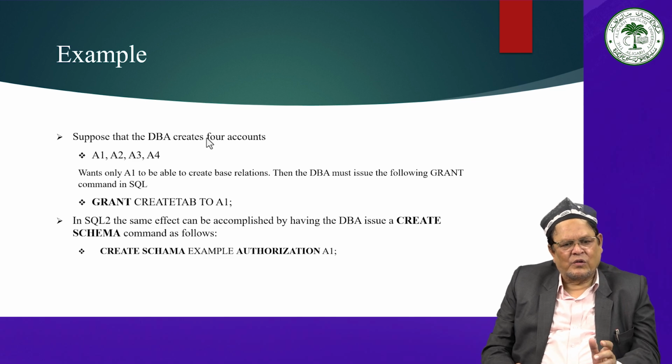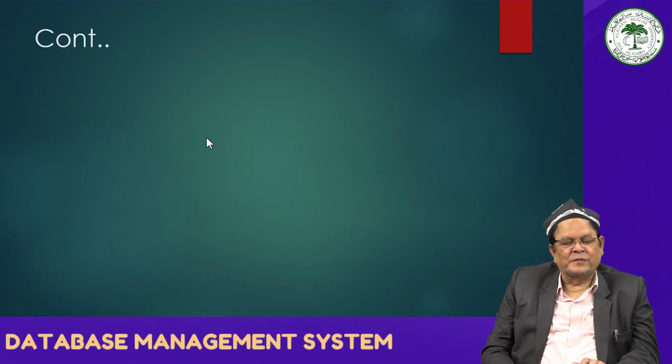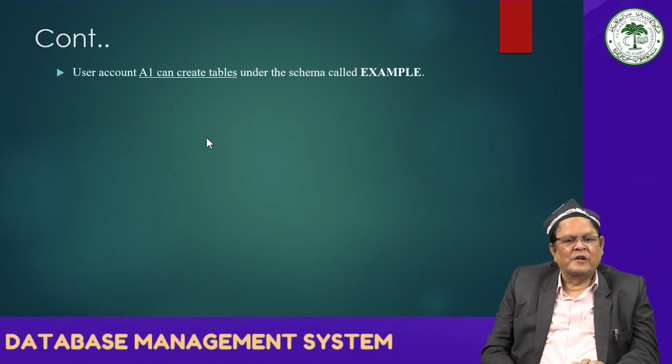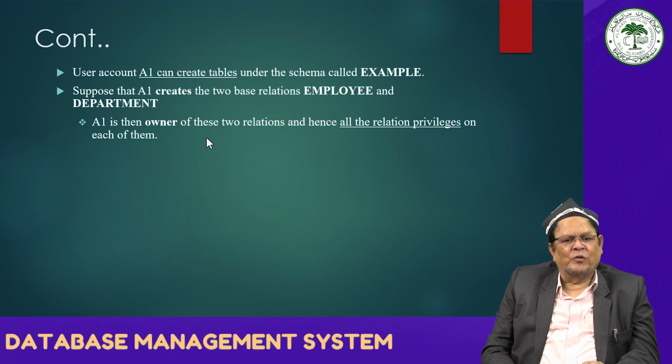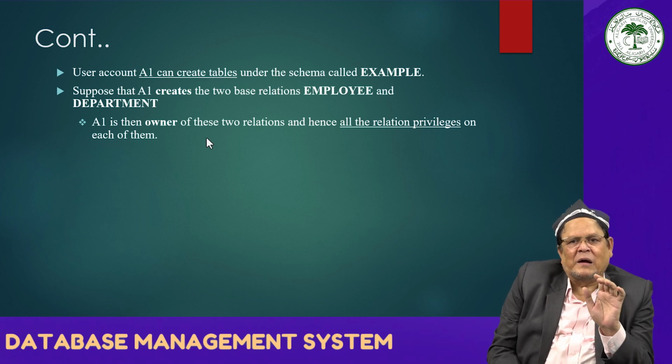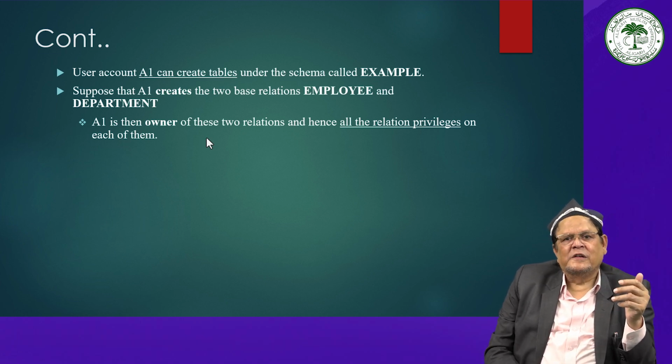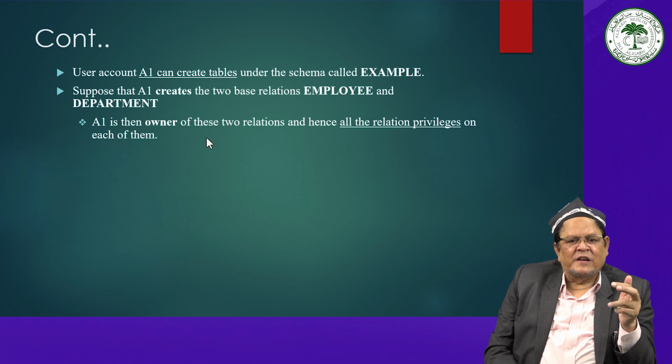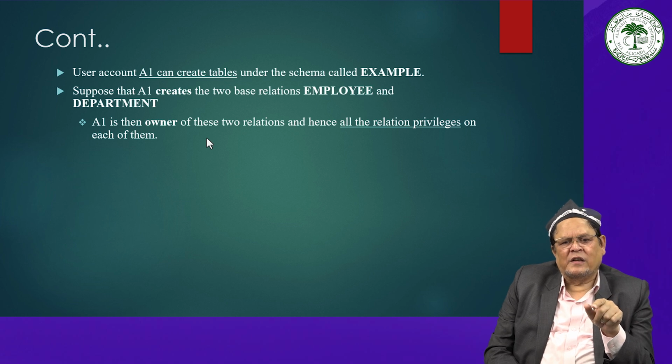So you can use create schema also. User account A1 can create tables under the schema called EXAMPLE. Suppose A1 creates two base relations, EMPLOYEE and DEPARTMENT. Suppose he created them by the privilege given by the DBA. A1 is then the owner of these two relations, and hence has all the relation privileges on each of them.